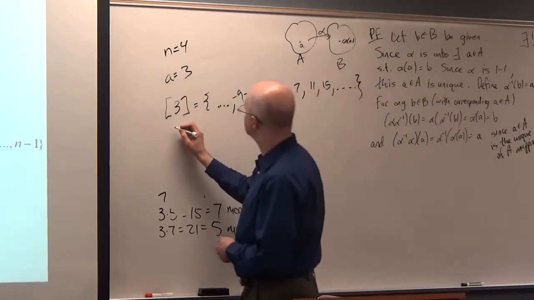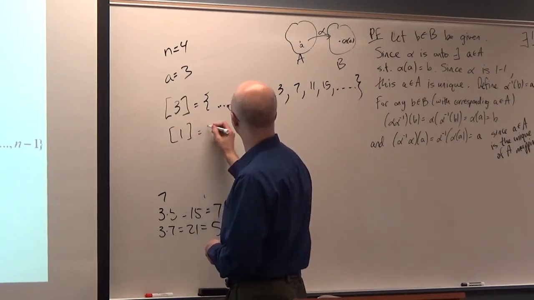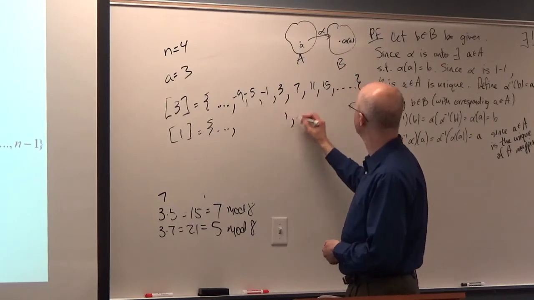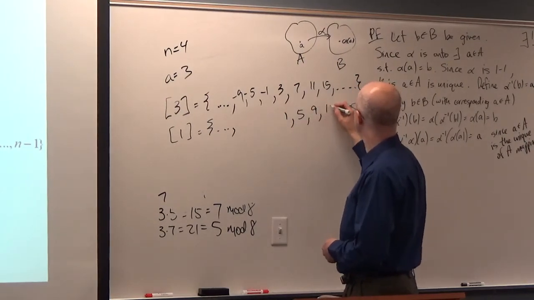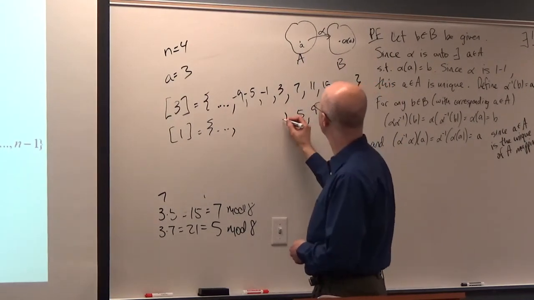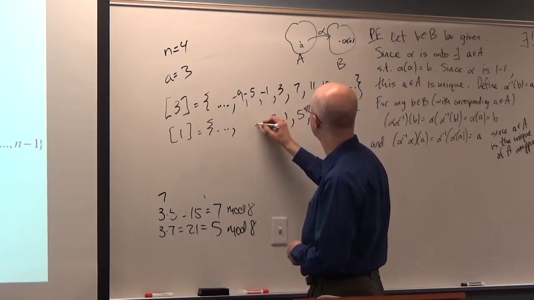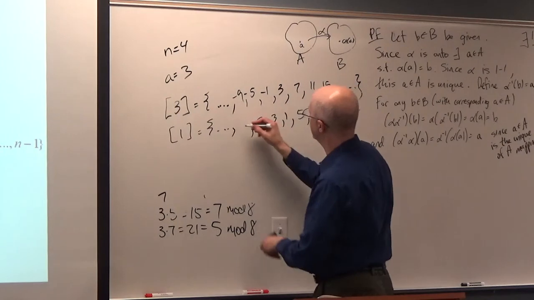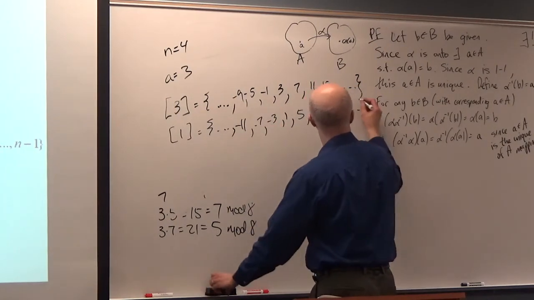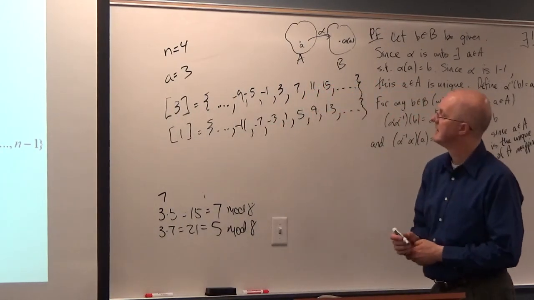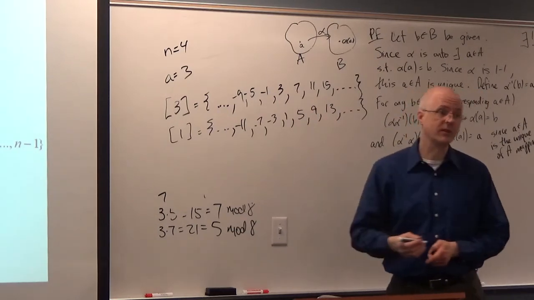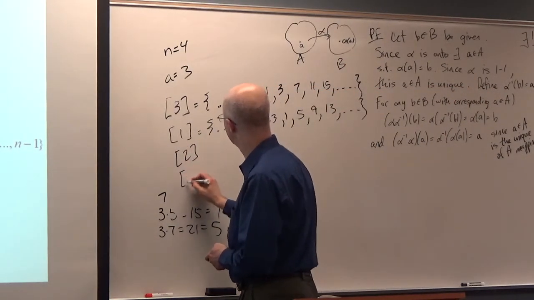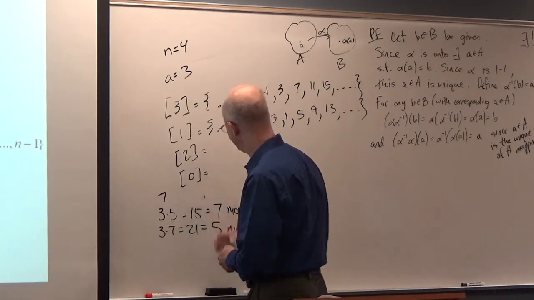The equivalence class of 1, this is worth writing out, I think, is going to be created in a similar way. There would be an equivalence class for 2 and an equivalence class for 0. That could be written in the same way.